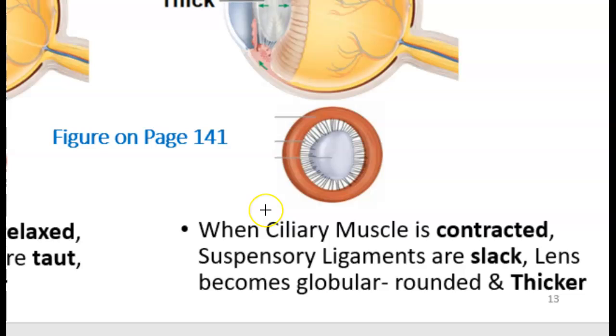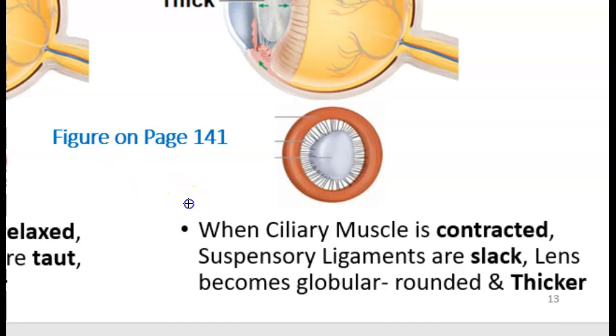But deeper is the ciliary muscle. When the ciliary body is relaxed, it actually kind of rolls backwards. Okay, it relaxes in a reclined position, if you will. So there's a little green arrow that shows the ciliary body rolling backwards.